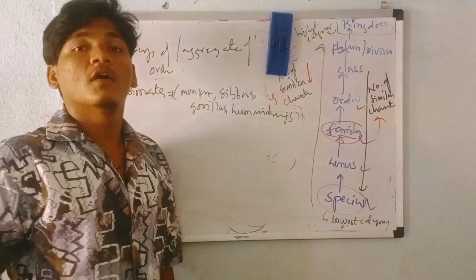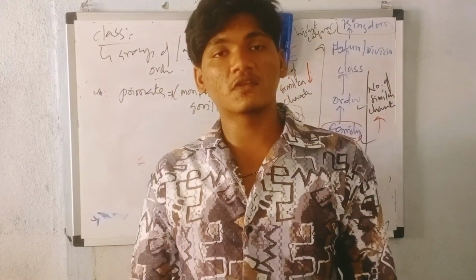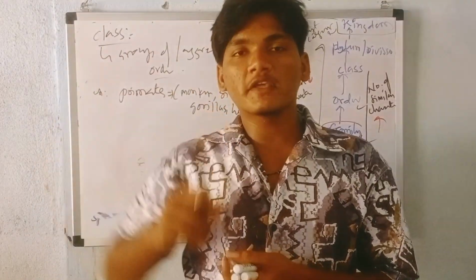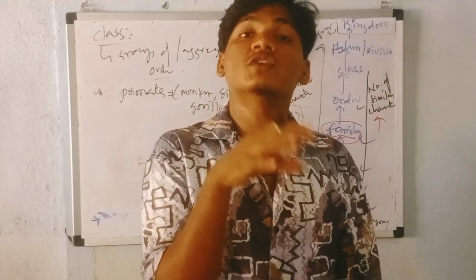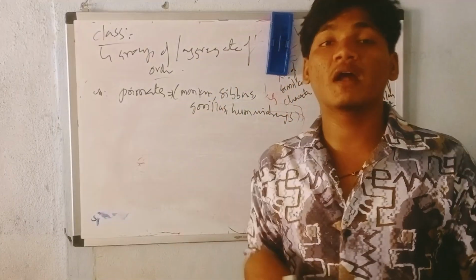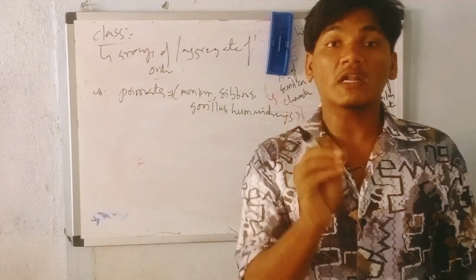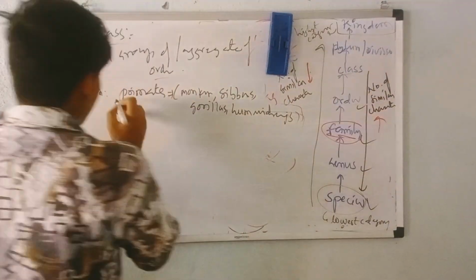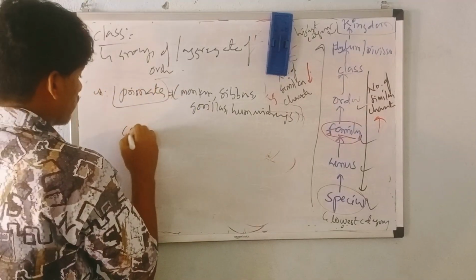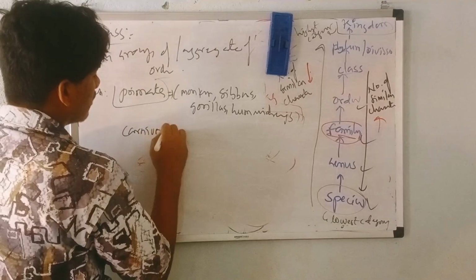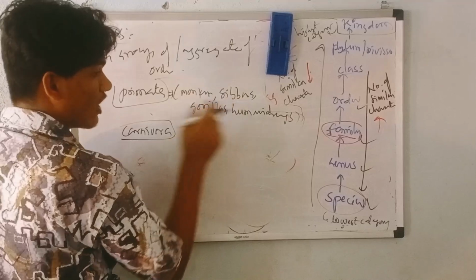If you see Darwin's evolution theory, it says that we have evolved from monkeys, so we share common similarities. Monkeys and human beings share common similarities at the level of Primata, which is the order, not the class. Another order we have discussed is Carnivora, which includes cats and dogs, and Primata includes monkeys, gibbons, gorillas, and human beings.